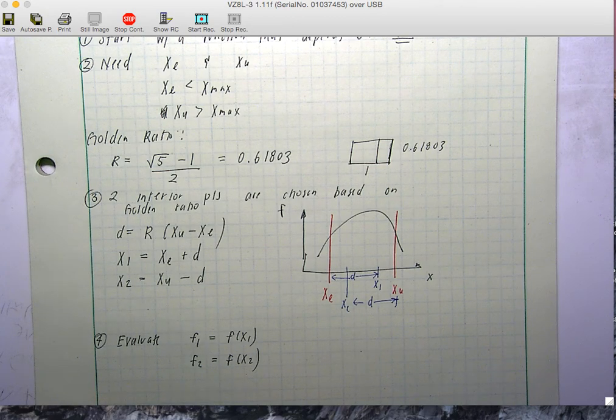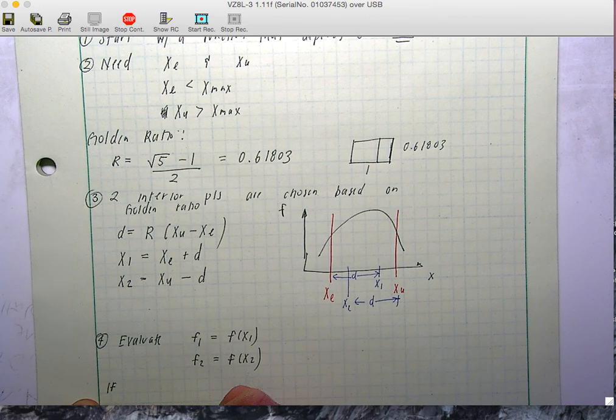Once you evaluate the functions at these points, then you are going to compare them with each other.